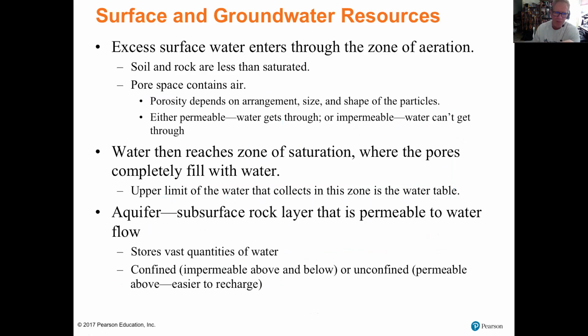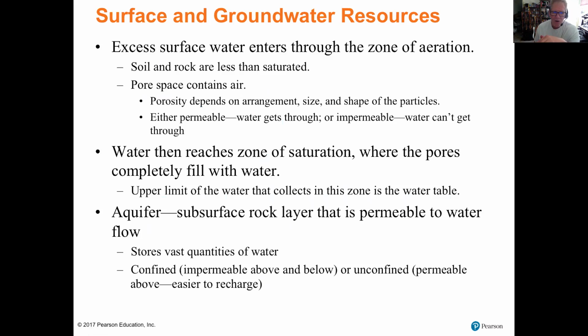So it's either permeable, where the water gets through, or what we call impermeable, where the water can't get through. So this might be sand, for example. This might be granite. When water percolates down, the pores between the particles fill up with water. And when they completely fill up, it's what we call the zone of saturation. The upper level of that zone of saturation is the water table.